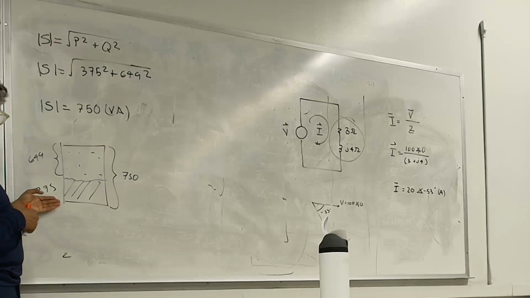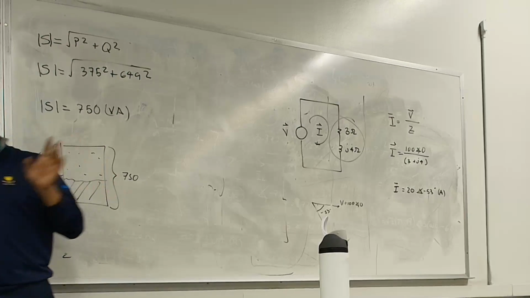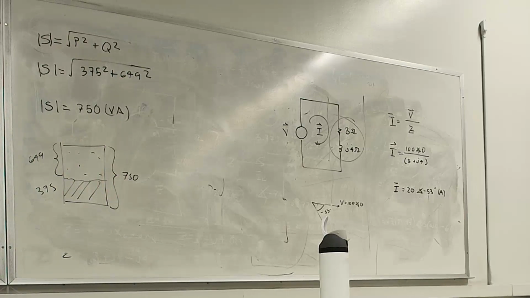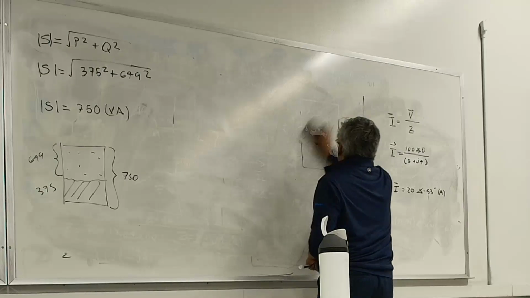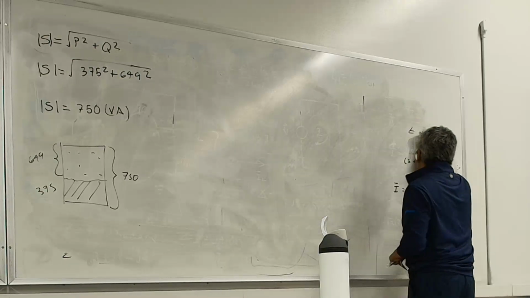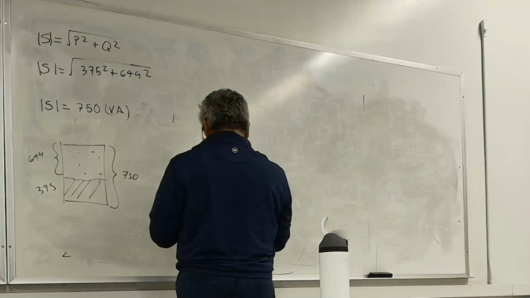Because it has a lot more reactive than real power. So just by looking at the values, I know this is not an ideal case for how I want to run this transformer. I'm going to call it a transformer, and we'll talk about why in a second.